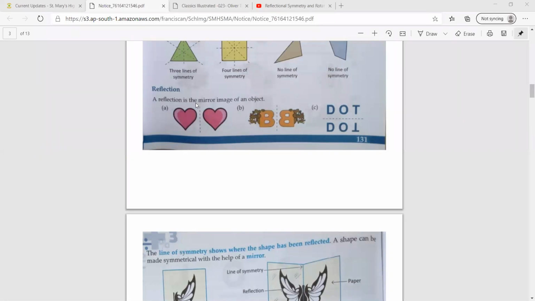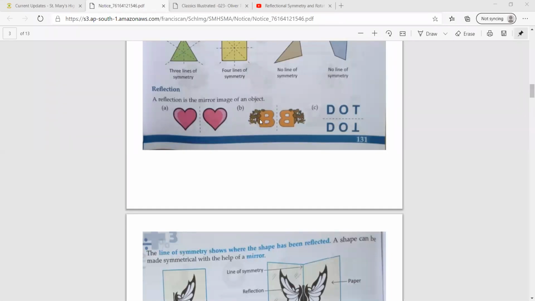A reflection is the mirror image of an object. So if this shape is seen in a mirror, it will look exactly the same. This dotted line, we have to assume that it is a mirror. Similarly, here there is a B written and there is some animal coming out of it.